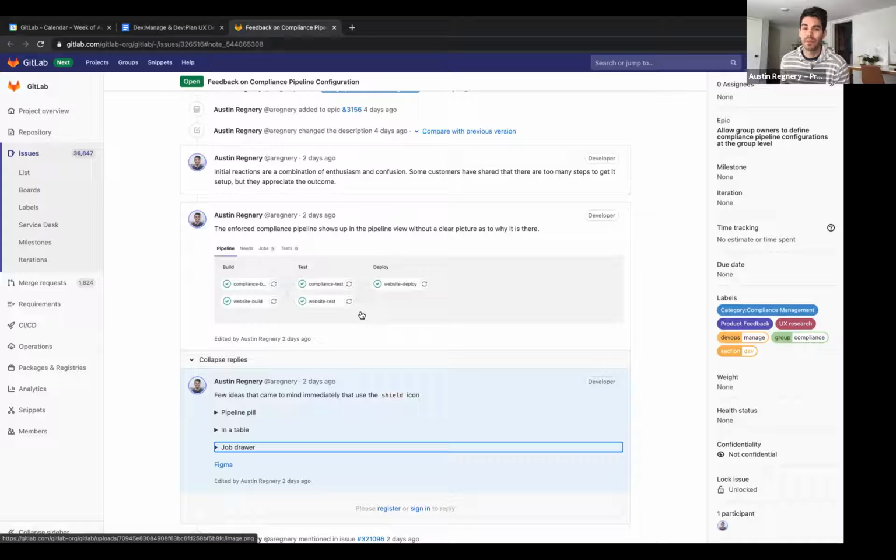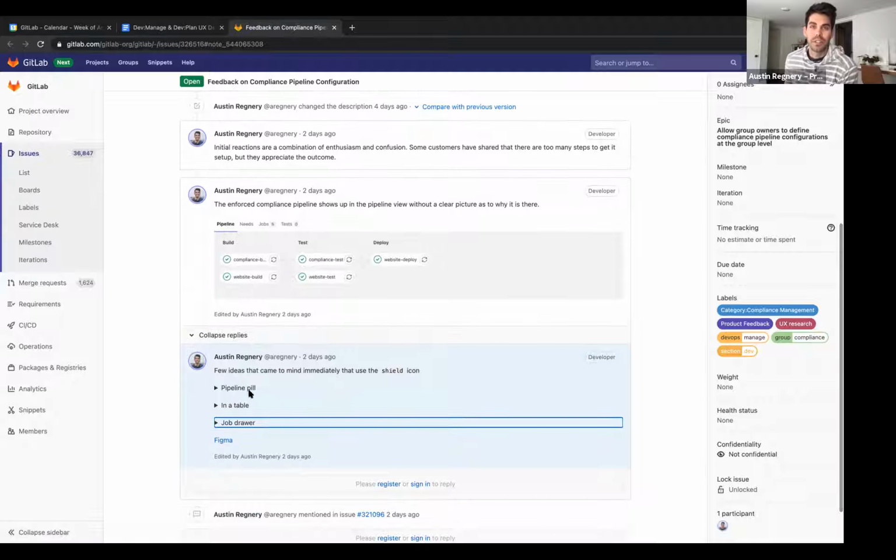What I could see being confusing about this to the users is when you look at a pipeline itself, you won't be able to easily distinguish what came from maybe your project's YAML file versus this compliance YAML file.